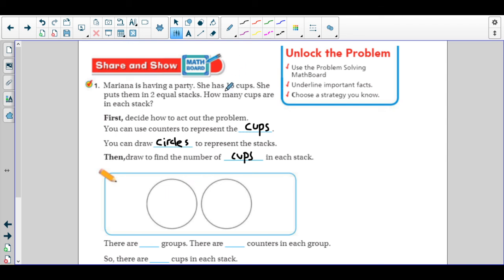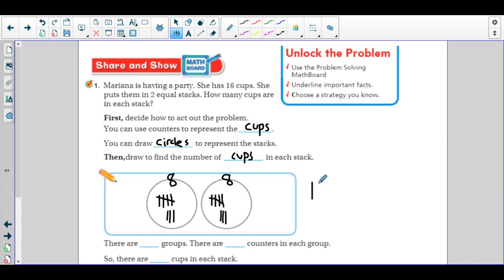So we're going to count till we get to 16. 1, 2, 3, 4, 5, 6, 7, 8, 9, 10, 11, 12, 13, 14, 15, 16. So we have 8 in each stack.